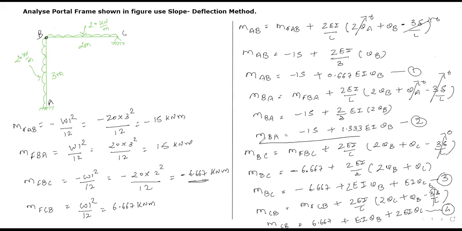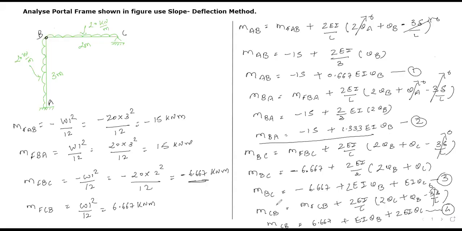What is MBA? Minus 15 plus 1.333 EI theta B. What is MBC? Tell me. Here, equation number 3, minus 6.667. Just a minute. We have made a mistake here. Plus sign.